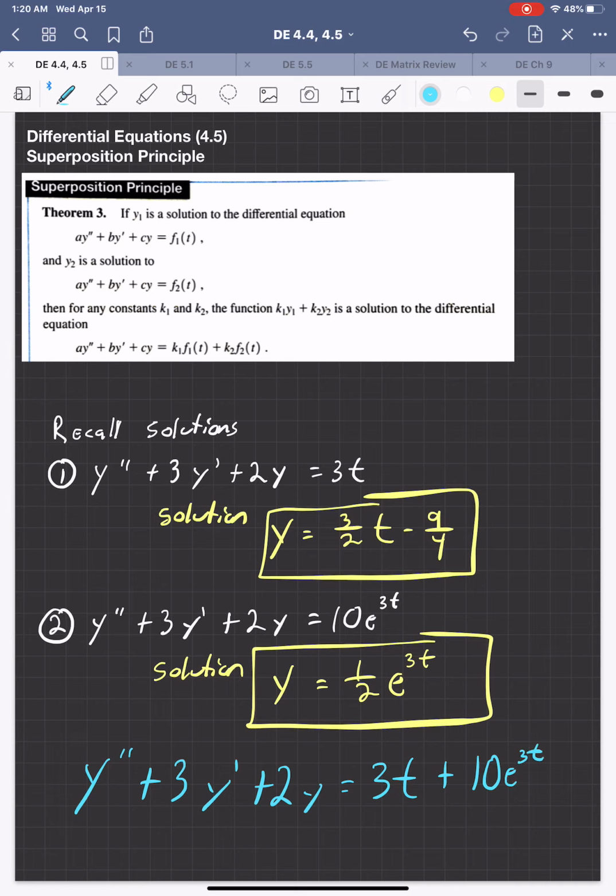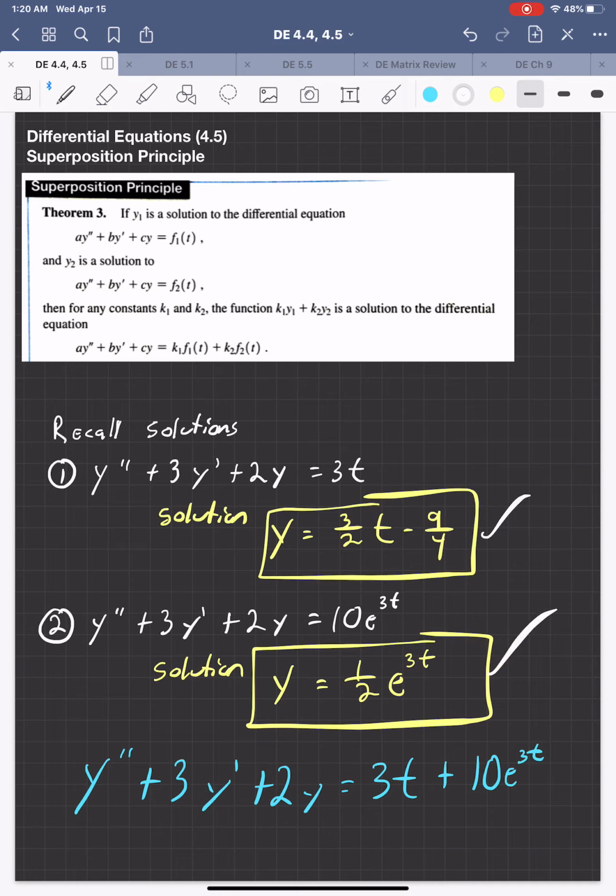Let me restate what this principle tells us: the solutions to this form of differential equation can be found simply by attaching constants to the two previous known solutions.